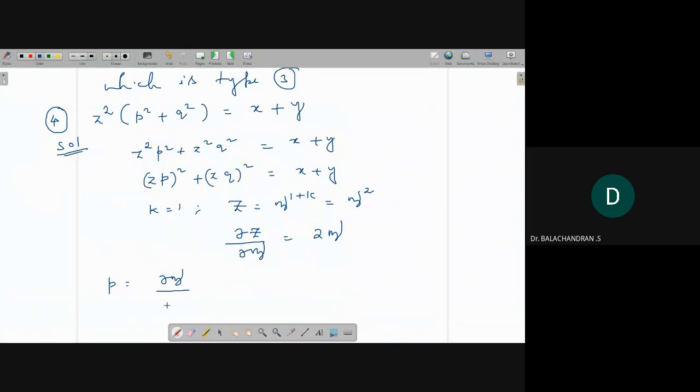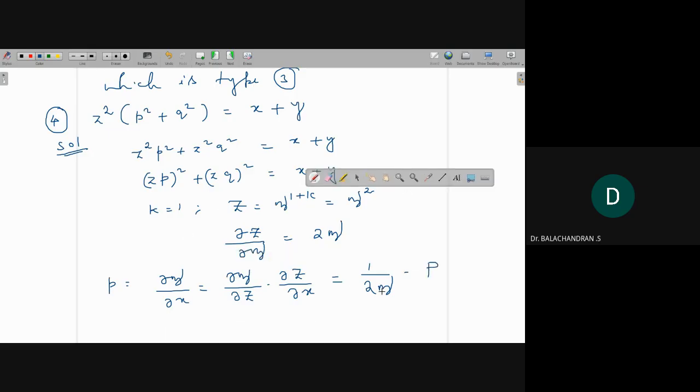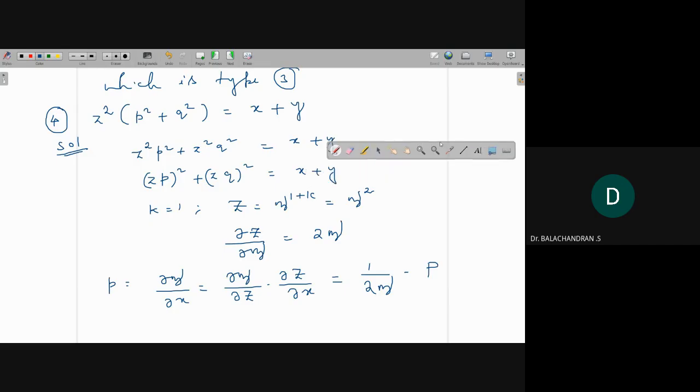So dou z by dou x is equal to dou z by dou capital Z into dou capital Z by dou small x, because we are using only capital Z. So it is the reciprocal of this, 1 by 2z, into capital P. Yes, 1 by 2z.